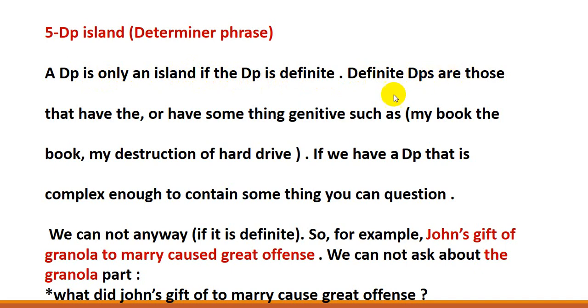Definite DPs are those that have the, or have something genitive, such as my book, the book, my destruction of the hard drive. If we have a DP that is complex enough to contain something you can question, we cannot, if it is definite.